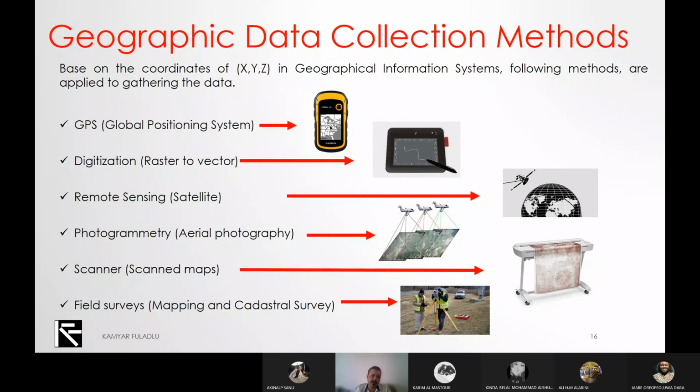We have remote sensing. As it comes from its name, it is based on remote and from a distance. We have a satellite, the satellite capturing the earth. There are different sorts of satellites for different purposes with different sensors. They can reflect and observe different beams, or let's say electromagnetic waves, to the earth, and then store the reflection of it from the earth and accordingly make a sense.